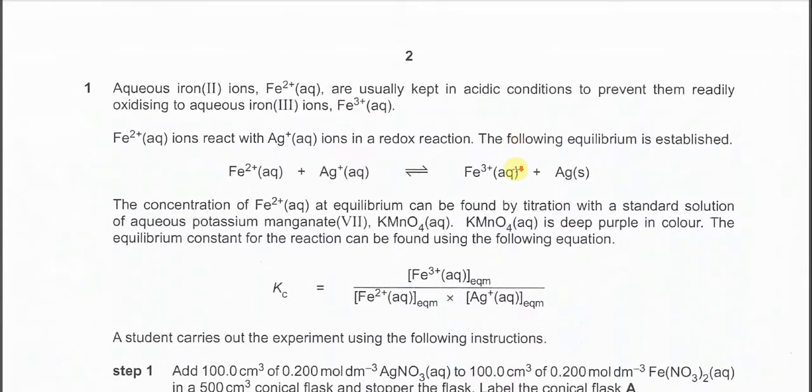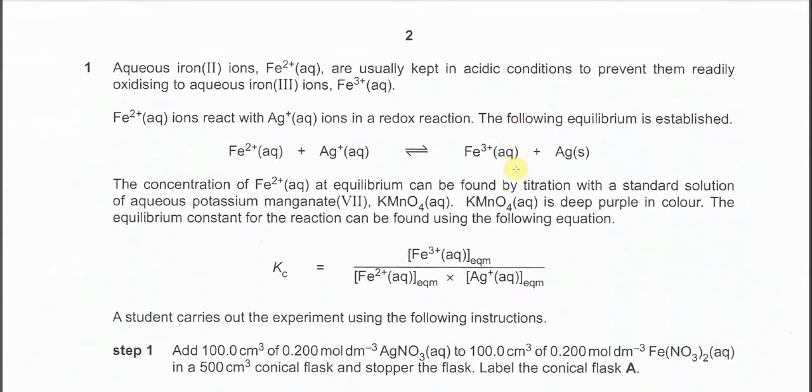Question 1. This question is about the reaction between the iron 2 and silver ion. After they react, they will form the iron 3 and the silver, and it will form an equilibrium after that.